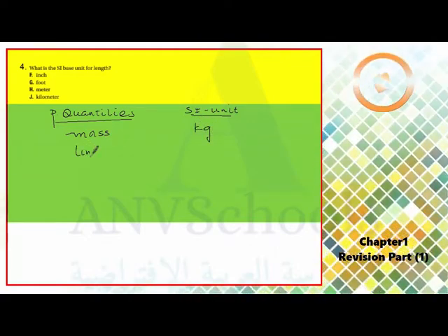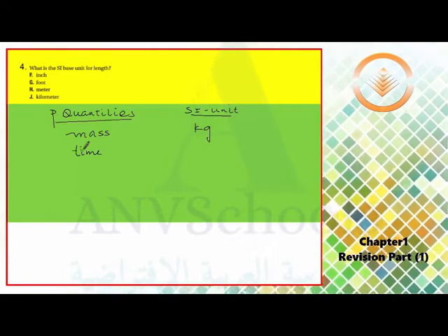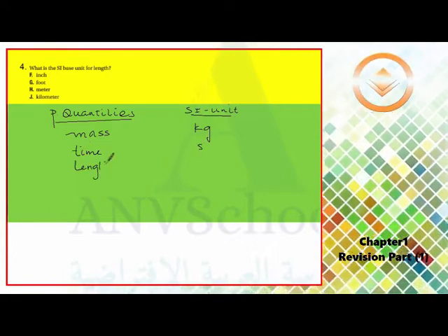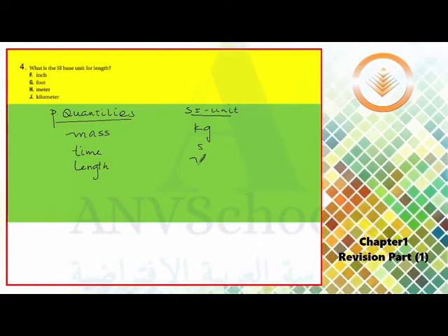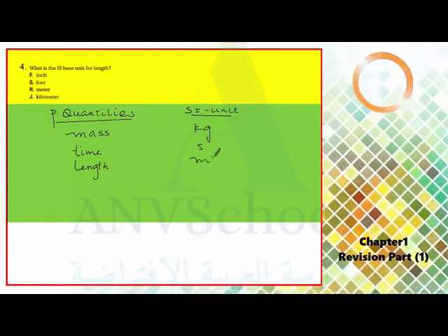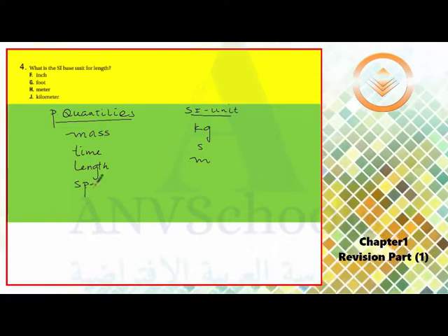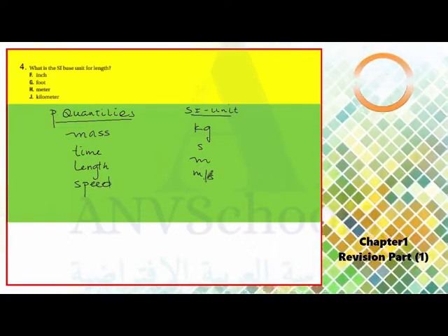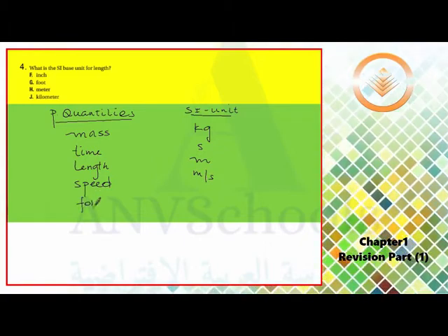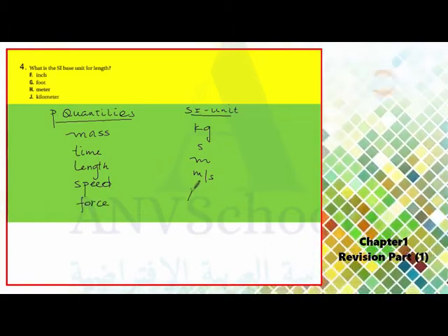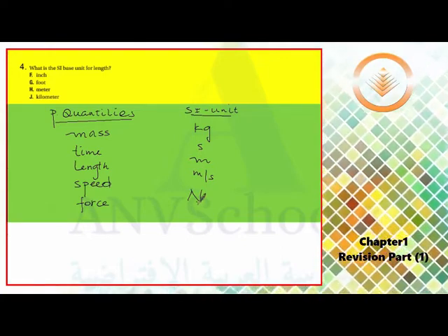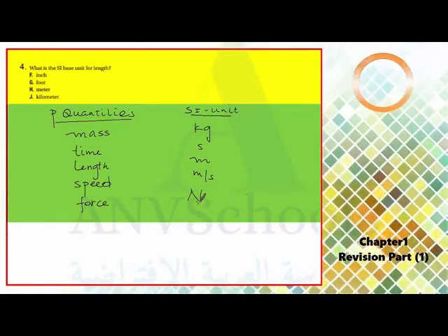Time is a physical quantity, its SI unit is second. Length is a physical quantity and its SI unit is meter. Speed is a physical quantity and its SI unit is meter per second. Force is a physical quantity, its SI unit is Newton. So each physical quantity has its own corresponding SI unit.